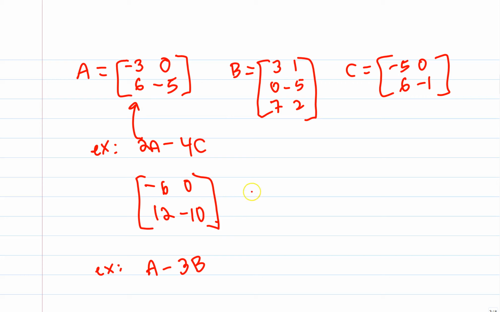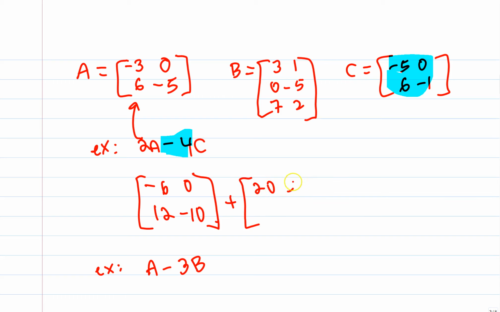Minus 4C, I can put minus and then distribute the 4, but it would be easier just to distribute the negative with the 4 across all of these terms, okay? So negative 5 times negative 4, so I'll put plus. Distributing the negative 4 times negative 5 would be positive 20. A 0 here, negative 24, and positive 4.